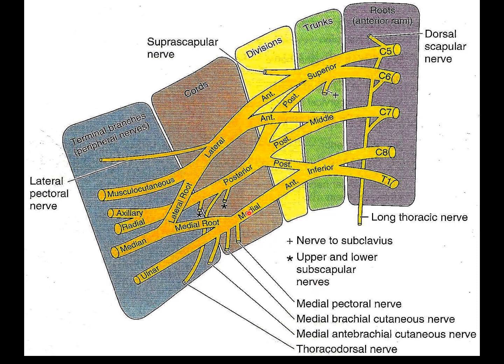The medial cord gives five branches: medial root of median nerve, ulnar nerve, medial cutaneous nerve of the forearm, medial cutaneous nerve of the arm, and medial pectoral nerve. The posterior cord gives five branches: upper and lower subscapular nerves, axillary nerve, radial nerve, and the thoracodorsal. These are the terminal branches of the brachial plexus.